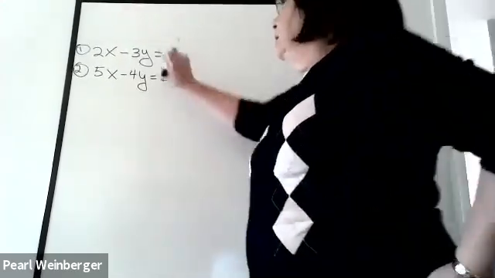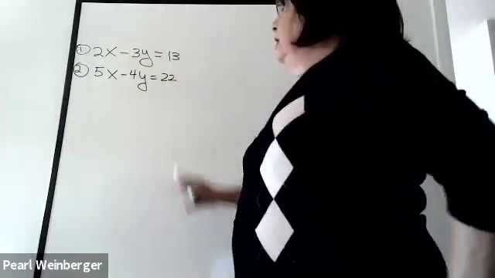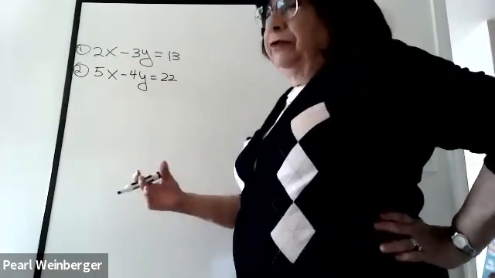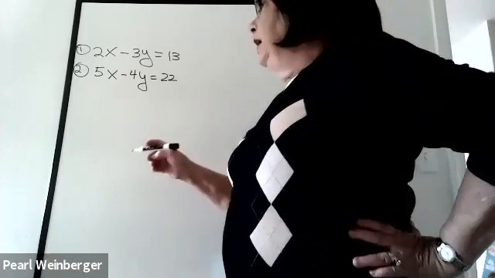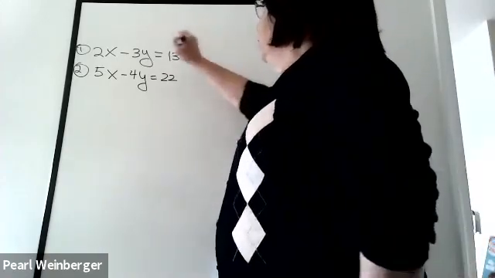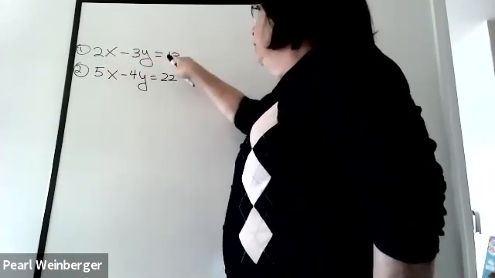Let's solve this with the elimination method. Let's get rid of the x's. It doesn't, again, as you saw before, make a difference which we are going to get rid of. So here are our two equations. The first equation is 2x minus 3y equals 13.